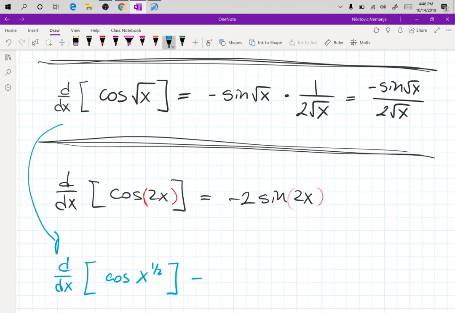The derivative of cosine is negative sine of x to the 1/2 times the derivative of x to the 1/2, which is 1/2 x to the negative 1/2.